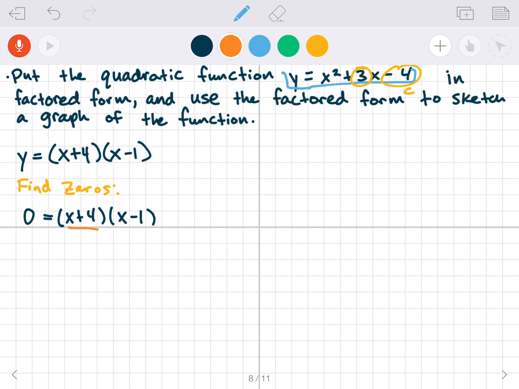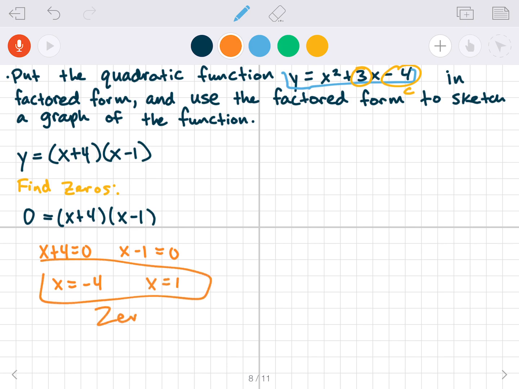So this could equal 0, this could equal 0, or they could both equal 0. So setting them both equal to 0, we get x plus 4 equals 0, x minus 1 equals 0. Subtract 4 from both sides and get x equals negative 4, add 1 to both sides to get x equals 1. So these are my zeros, which means the parabola is going to cross the x-axis at those 2 points.